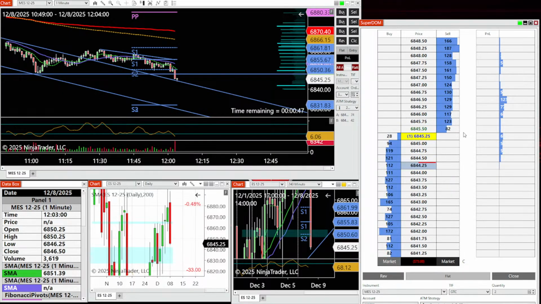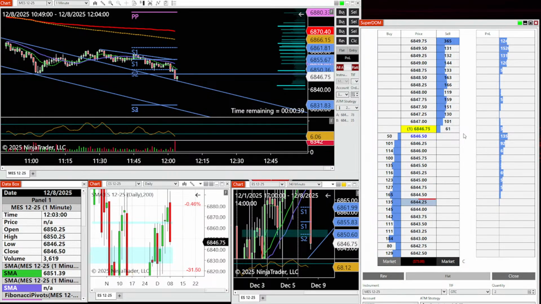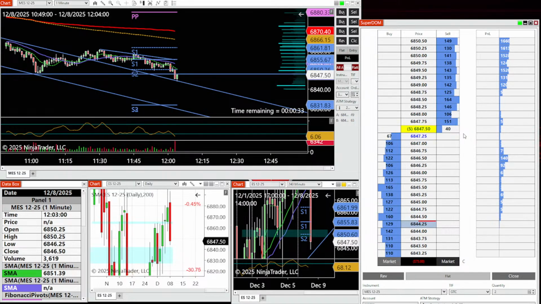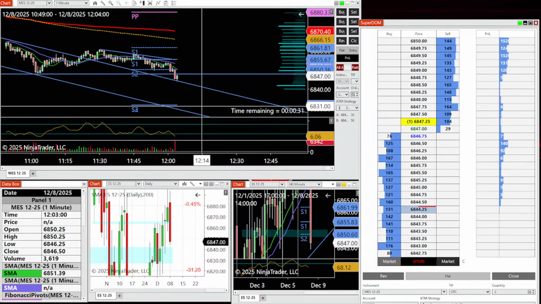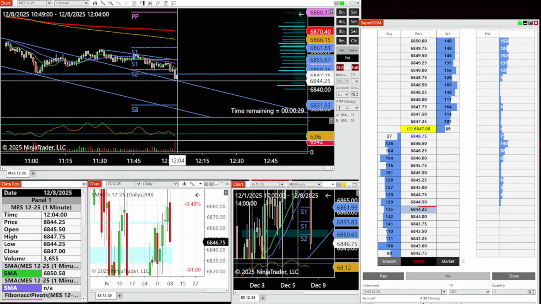Where do we go? Do we bounce off to 40? Bouncing off 44. Back to 46. Test the trend line. Low 44.25.